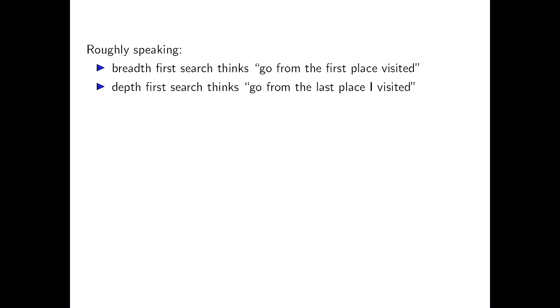Wherever they are at the moment, they're going somewhere from there, right? So go from the last place I visited, and that is precisely the difference between a queue and a stack, right? Stacks say whatever you did last is the most important thing. Queues say whatever you did first out of all this stuff is the most important thing.